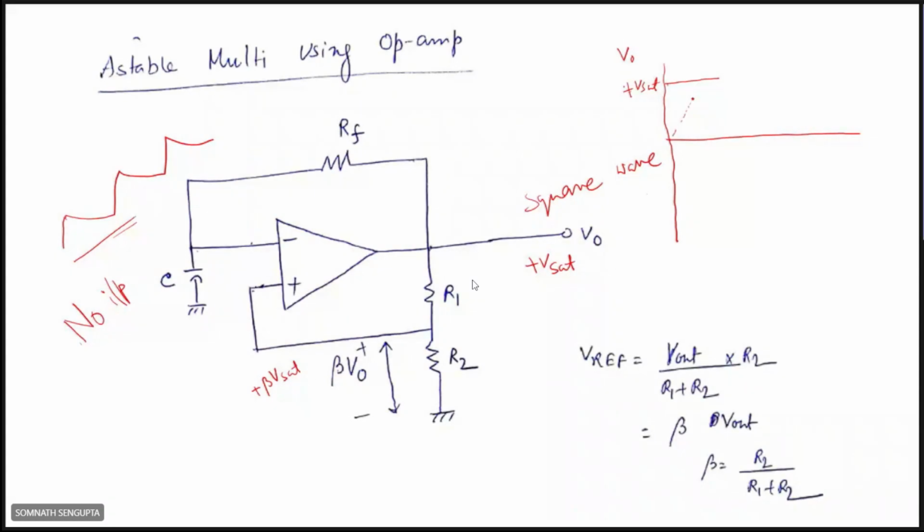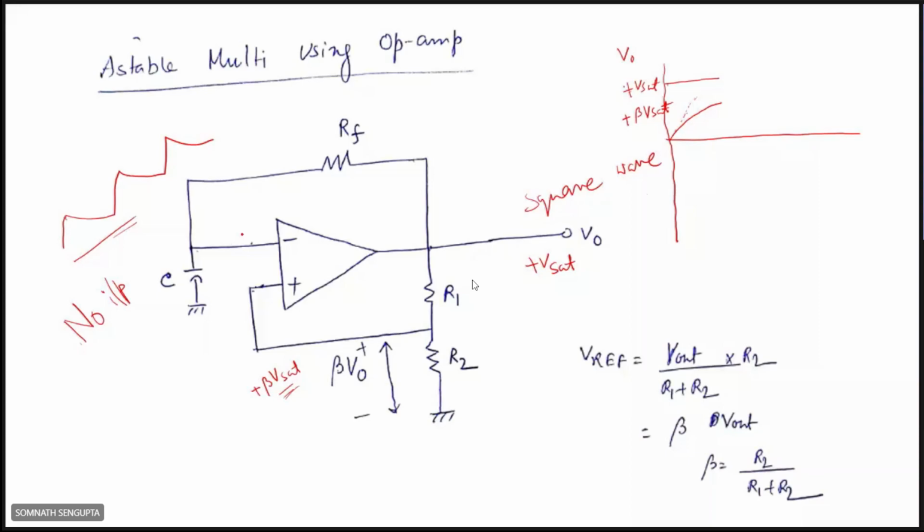A time will come when the capacitor voltage will reach this plus beta Vsat value, and will be slightly more than that.